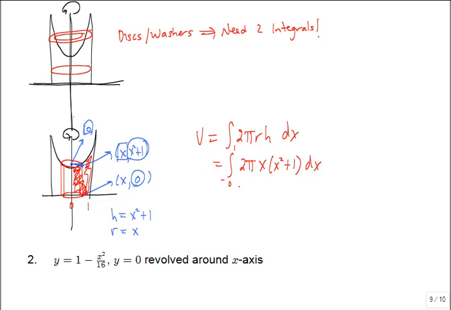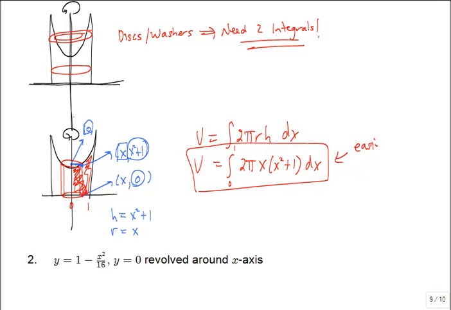So those would be the bounds on my volume. So this is much, much easier to set up and solve than doing it with two integrals. So this is easier, and it's the better option. So in this particular example, we'd prefer to use shells rather than disks or washers because we can do it with less work.